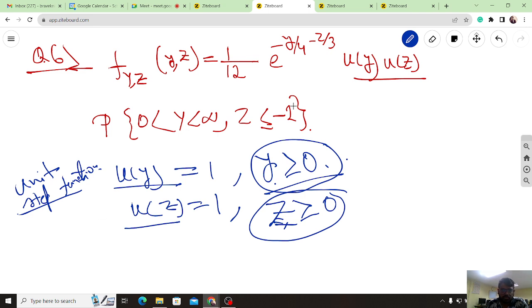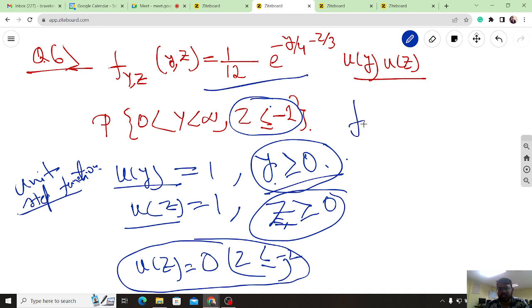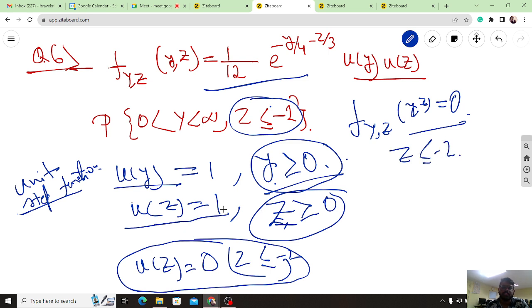So the domain says z is less than -2. So what will be the value of u of z at z less than equal to -2? This will be 0. So following this, the probability density function will be 0 for the region z less than -2, because u of z, that is the unit step function, is only valid for z greater than equal to 0.